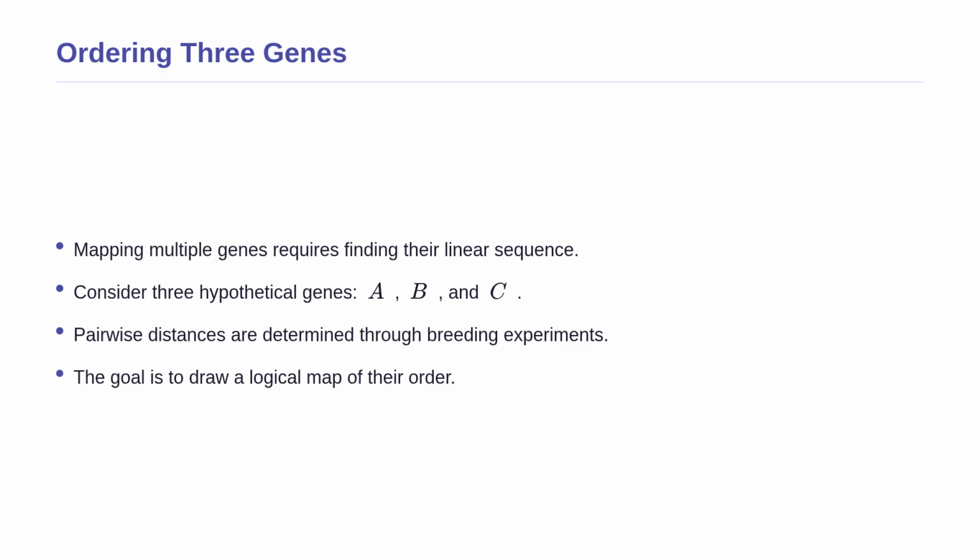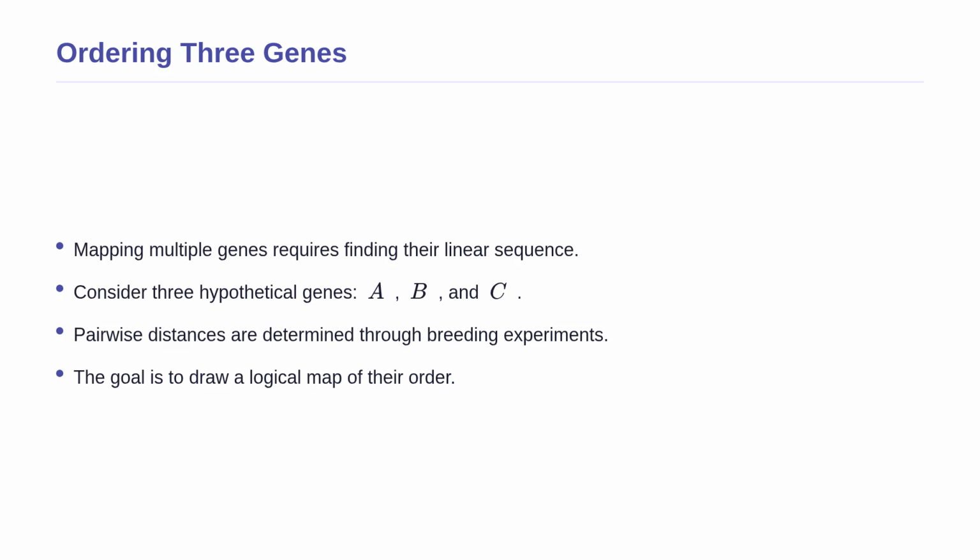Having successfully calculated the distance between two genes, we can now tackle a slightly more complex puzzle: figuring out the exact order of 3 different genes on a single chromosome. Imagine we have 3 hypothetical genes, which we will call gene A, gene B, and gene C. Through previous breeding experiments, we have already calculated the pairwise distances between each combination of these genes.